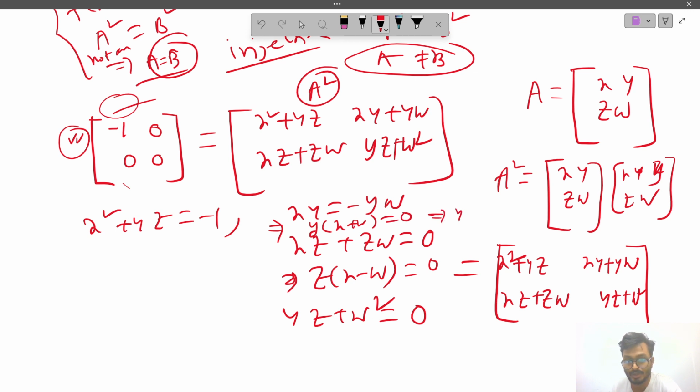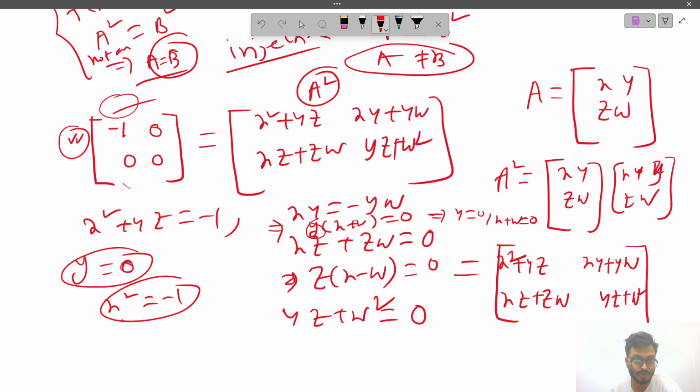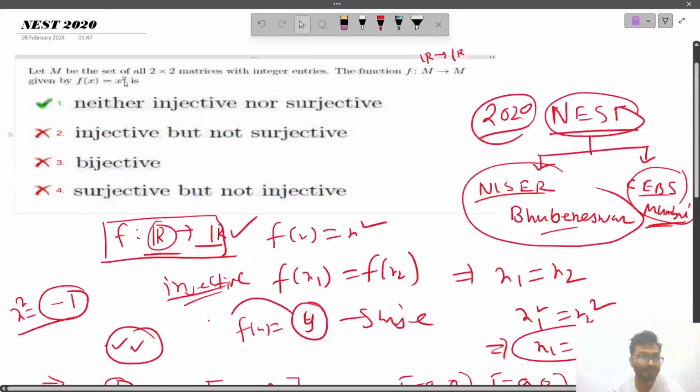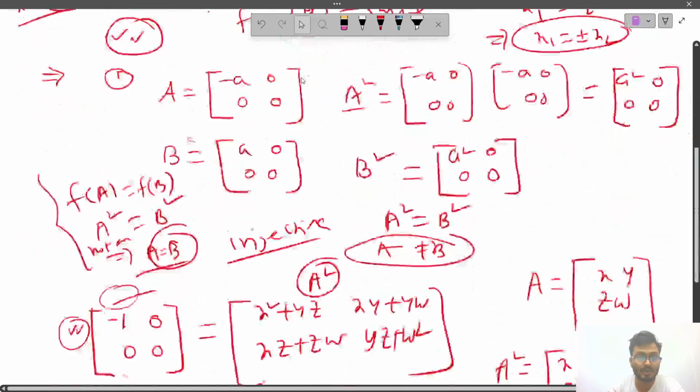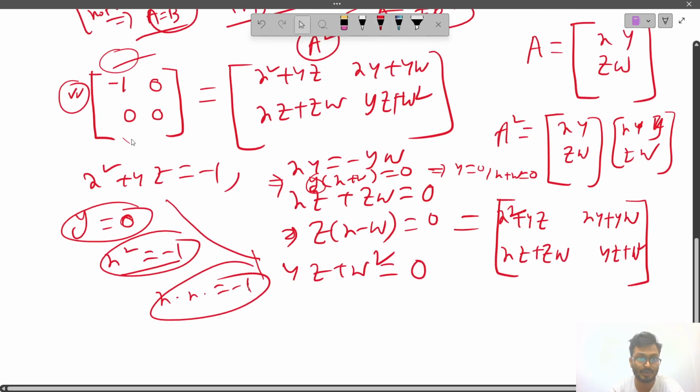So y equals 0 or x plus w equals 0. For one case y equals 0, x square equals minus 1, but this cannot happen because entries are all integers, so we cannot find an integer such that x into x equals minus 1. So we cannot find the pre-image in this case.